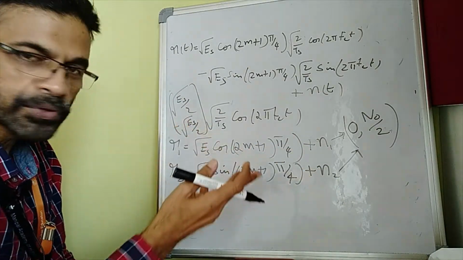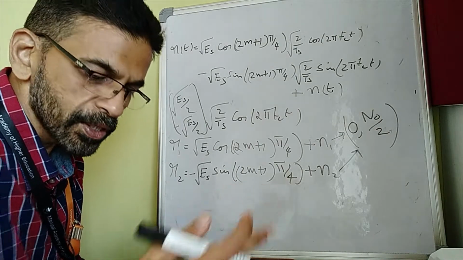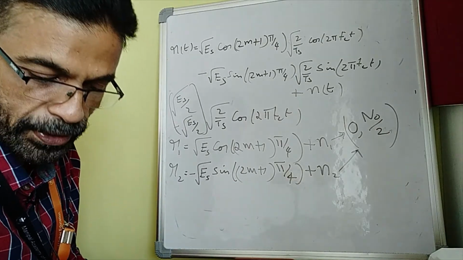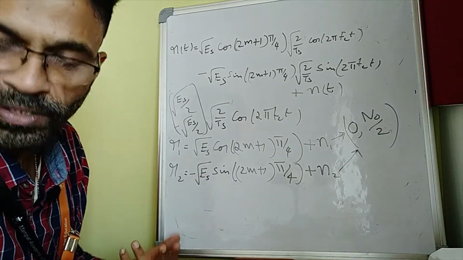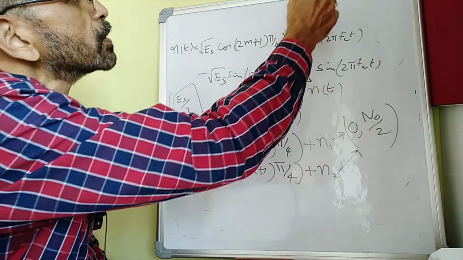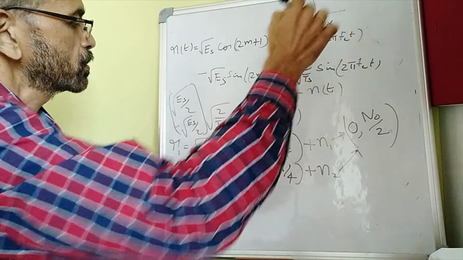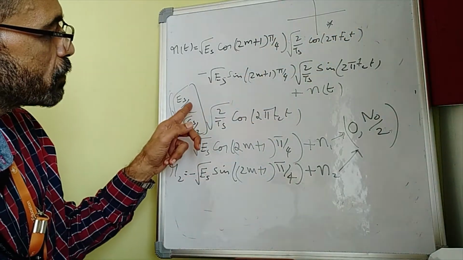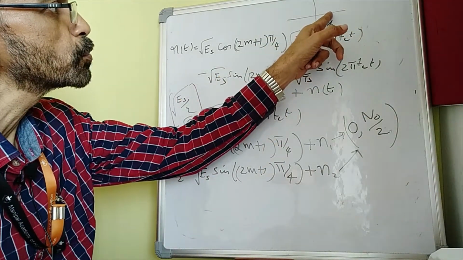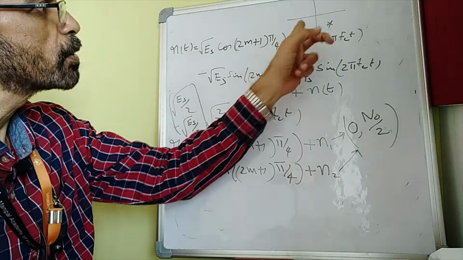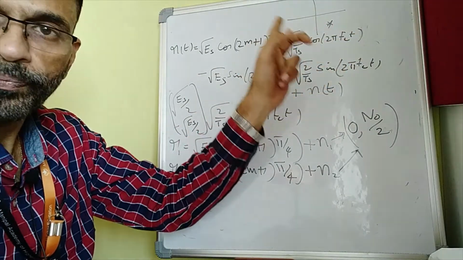And this clearly gives you the coordinates of the signal point corresponding to the signal S0 in the signal space. And if you recall, in the signal space, S0 is here, and that's exactly what we get. R1 is root Es by 2, R2 is minus root Es by 2.